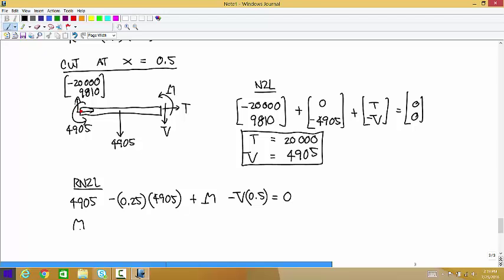So we have M is equal to negative 4905 plus 0.25 times 4905 plus 0.5 times 2452.5.